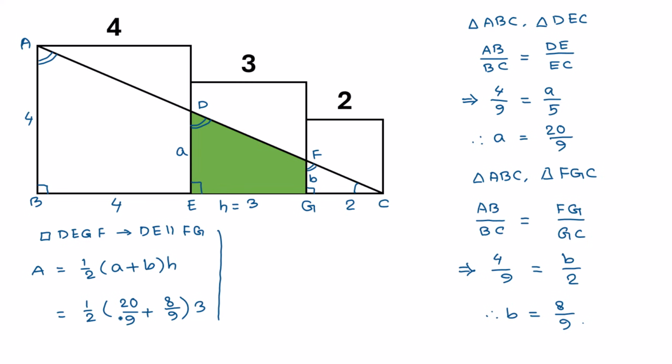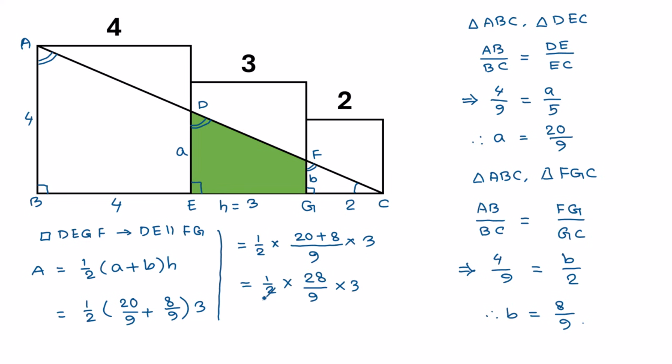Now simplifying this, we can write half times, with 9 as common, 20 plus 8, times 3, is equal to half times 20 plus 8, this is 28 over 9 times 3.